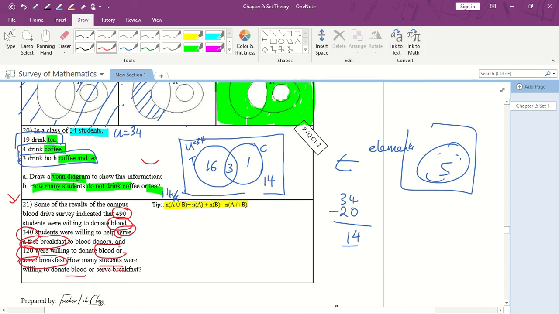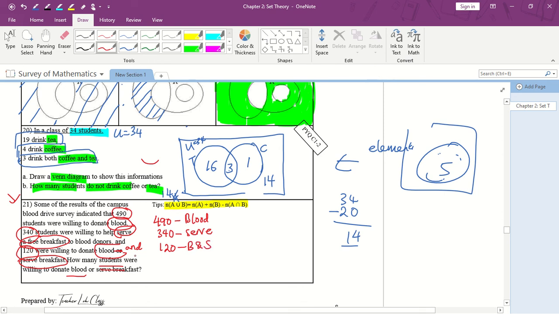Oh, okay. Remember, this should be 'and'. Just a mistake here. So we can see that 490 students are willing to donate blood, 340 students are willing to serve breakfast, and of course, there are 120 people willing to donate blood and serve breakfast.